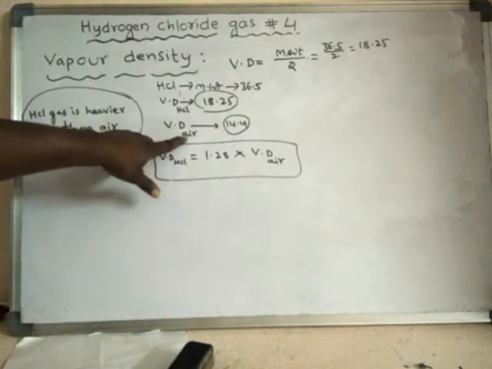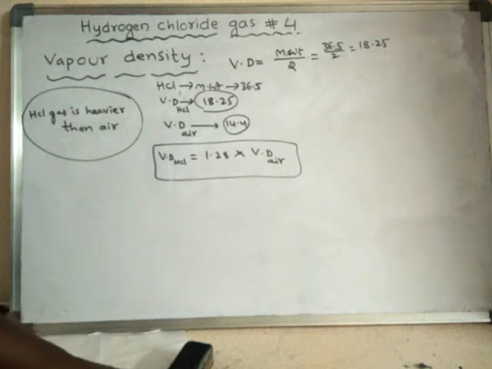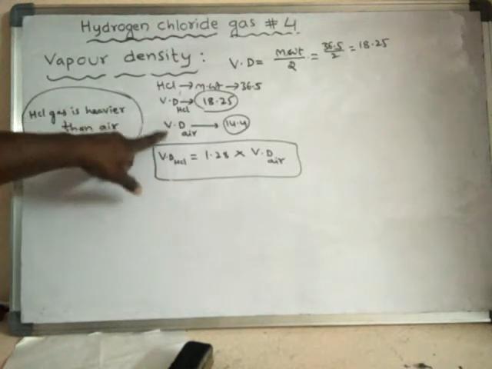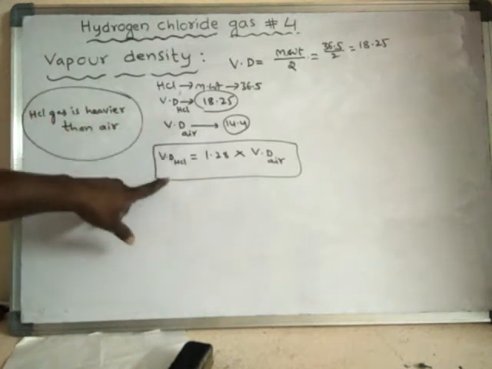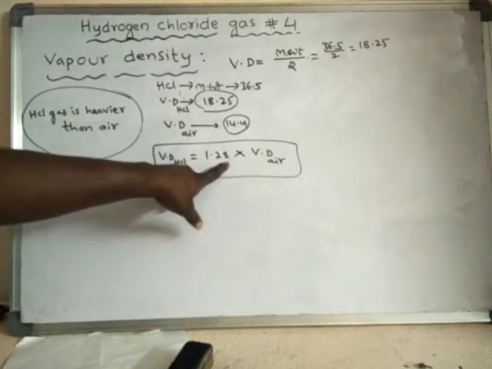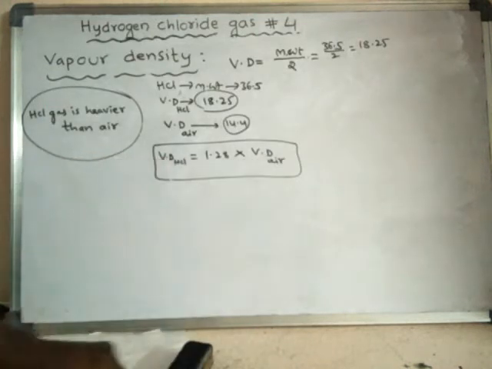Vapor density of air, how much is it? 14.4. The vapor density of air is 14.4. If you compare the vapor densities of HCl and air, the vapor density of HCl is 1.28 times that of air.